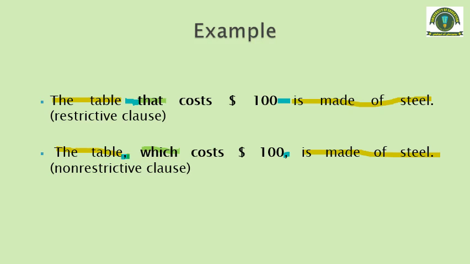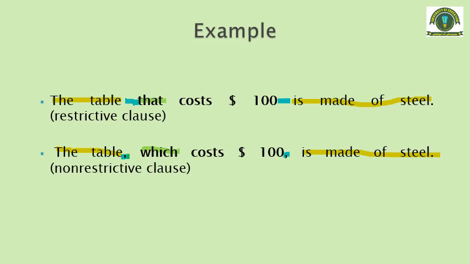Whereas in the first portion, if we pick out the portion that cost $100, the meaning of the sentence will change. Let's read the sentence. The table that cost $100 is made of steel. They are talking about a table that is made of steel and it cost $100. If we take out the $100 from this, the table is made of steel.